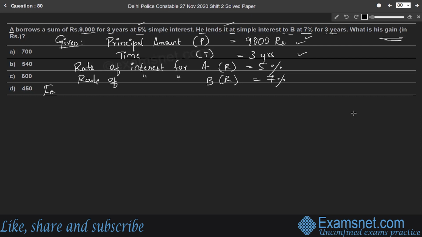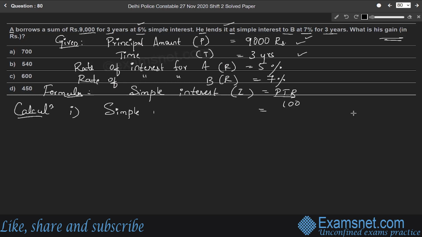Therefore, we are using the formula here. Simple interest I is equal to PTR by 100. So here, calculation part. First one, simple interest for A. A borrows some money for 3 years at some rate of interest, right?